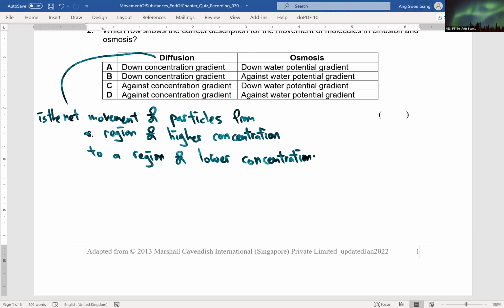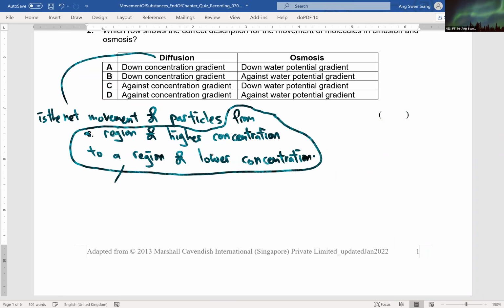So this is the definition for diffusion. I can replace from a region of higher concentration to a region of lower concentration with another phrase: down a concentration gradient.